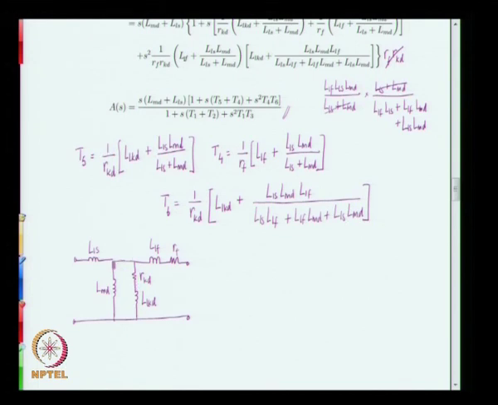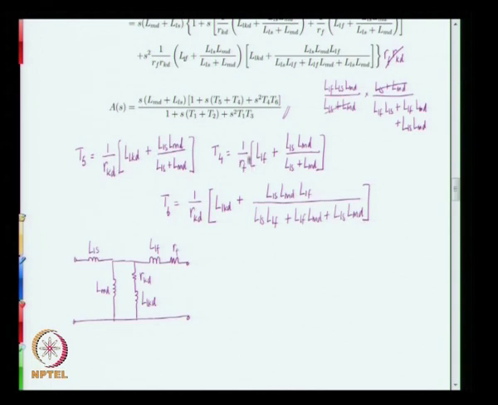If this is open, then LLS and LMD come in across each other. So you get this combination of LLS LMD by LLS plus LMD, plus LLKD. So T5 can be obtained by considering the armature side to be short circuited and then looking at the equivalent inductance seen by the damper resistance.